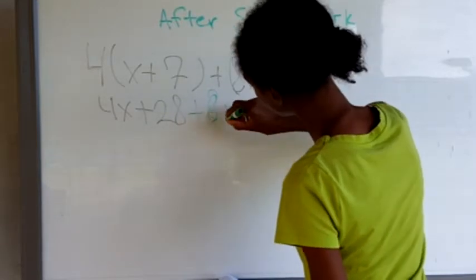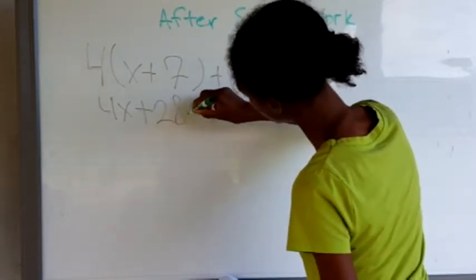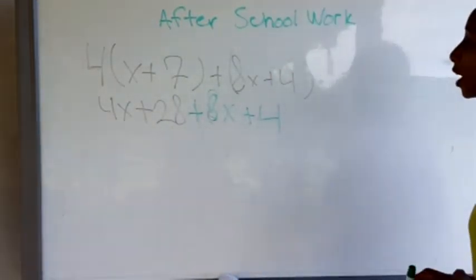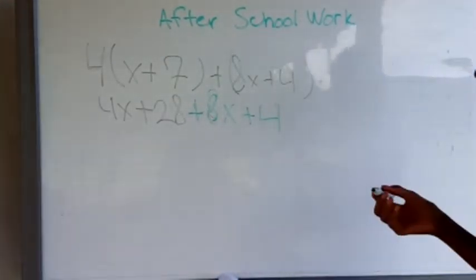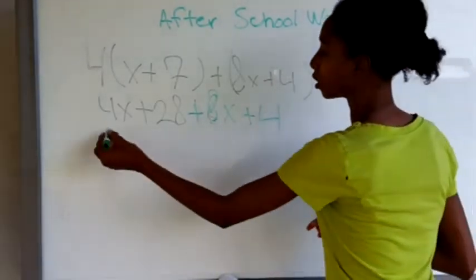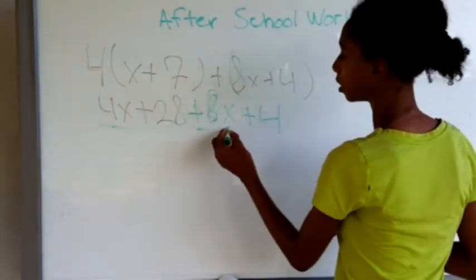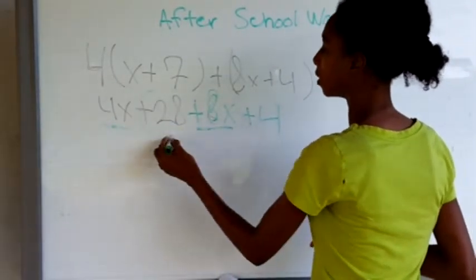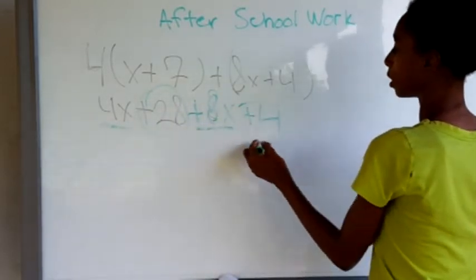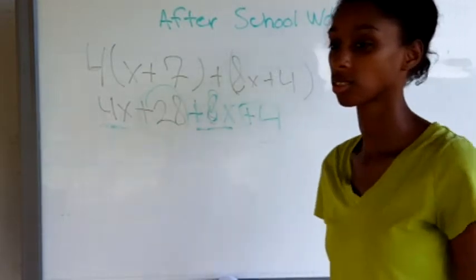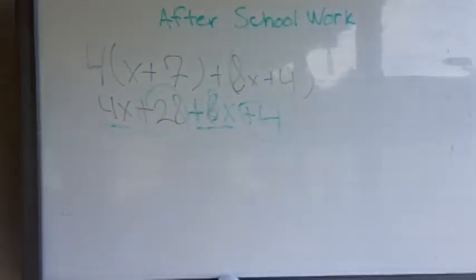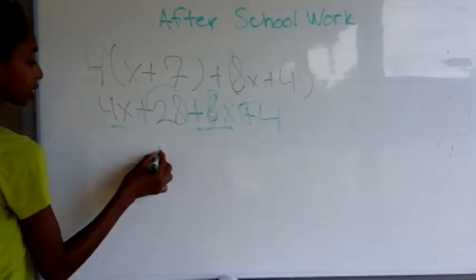Alright, so we had 4x plus 28 plus 8x plus 4. And so our like terms are 4x and positive 8x, and then positive 28 and positive 4. So 4x plus 8x is 12x.